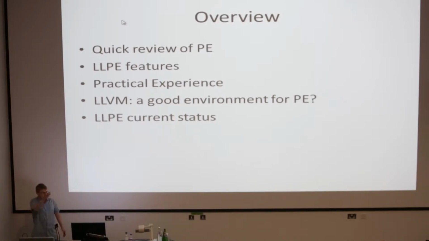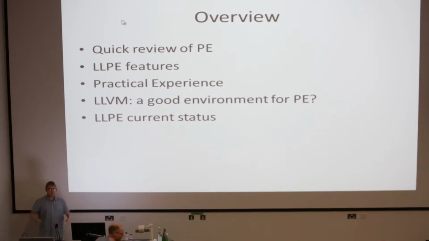So here's the rough running order. For anybody that's not particularly familiar with partial evaluation, we'll give a very quick overview of what we're talking about. Talk a bit about LLPE and what it can do and what it can't do. Talk about the practical experience that I had in the course of doing this as my thesis project, what kind of things I was able to specialize and what kind of benefits I got from that.